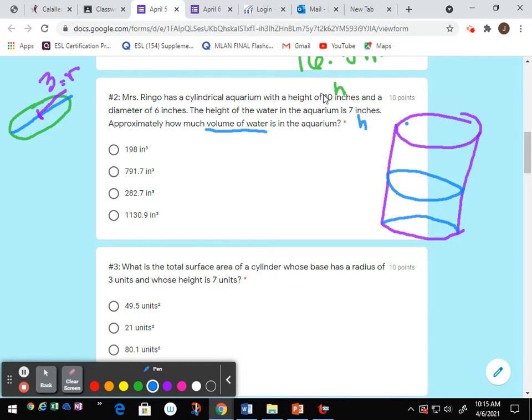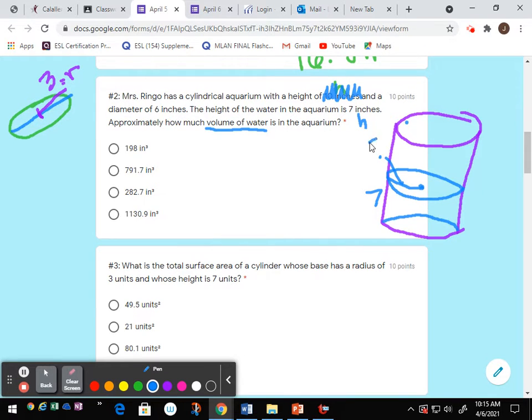Okay. So we can ignore the height of 10 inches because that's the aquarium. We just want to know the water height, which is 7. And we said the radius is 3. Okay, so now we have our little cylinder. All right, so the volume formula for a cylinder is V is equal to big B times H, okay?